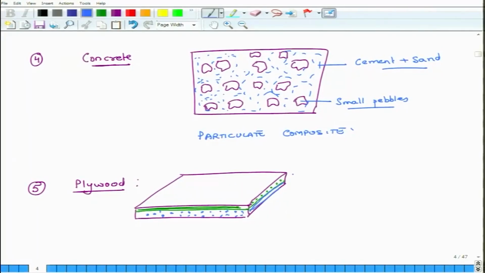Each of these layers is called a ply, and each ply is itself a composite, because that is also not naturally occurring. They put different pieces of wood together and then glue them, and then all the plies or layers are stuck together. So, this is another example, and here I will primarily call it a fibrous composite.